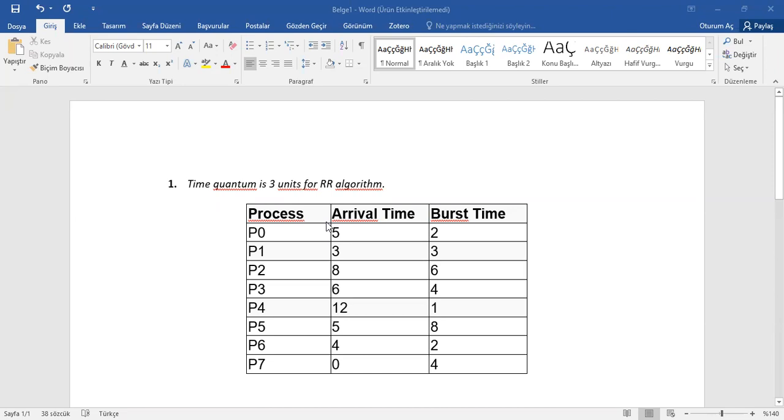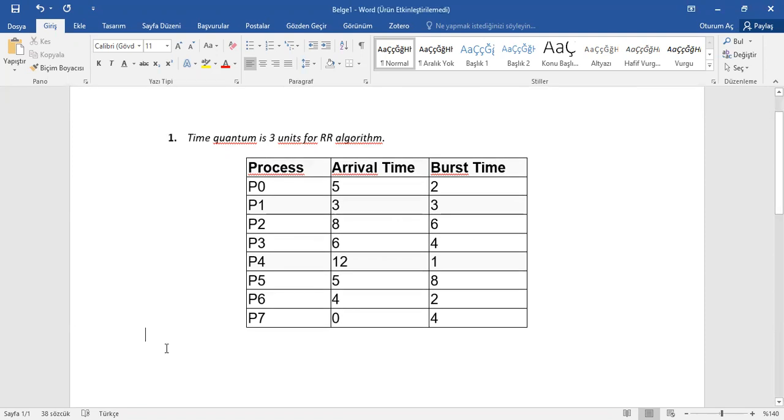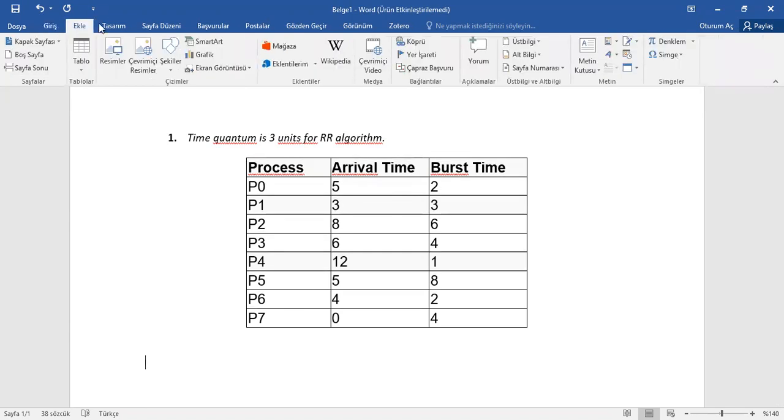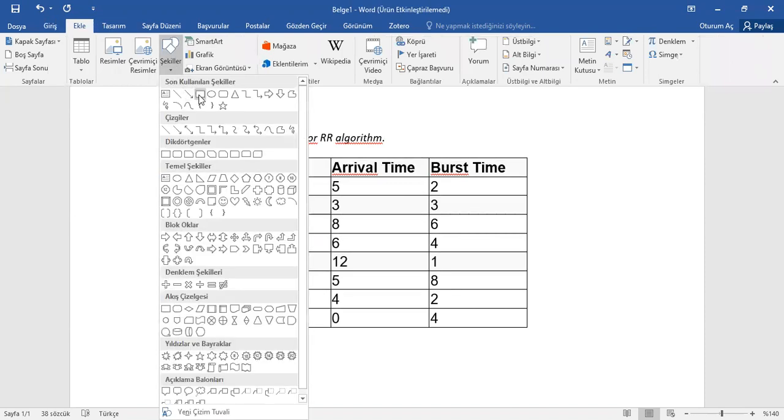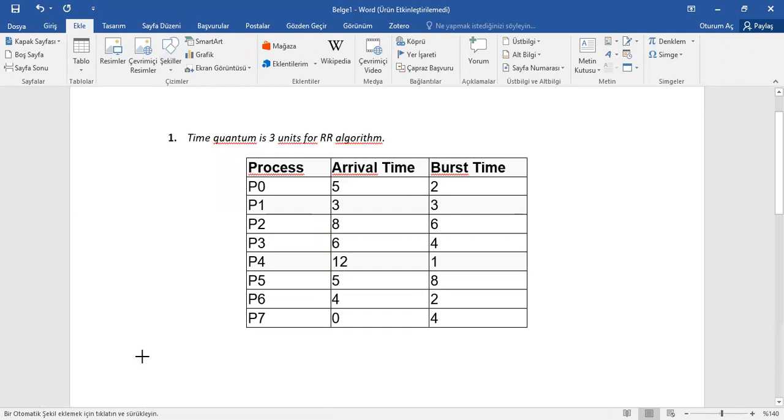Okay, time quantum is 3 units. So, okay, let's draw my ready queue.